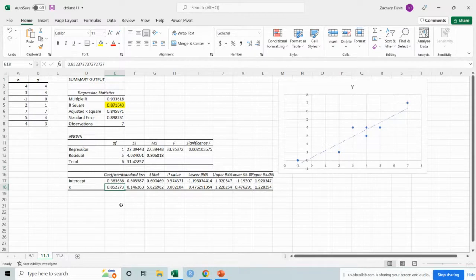So if this was number of rooms, we could say that for every increase in one room, the house cost, or y, should go up by a factor of 0.85. So these highlighted items from this output are the 4 important things to look for when you're running a regression analysis.